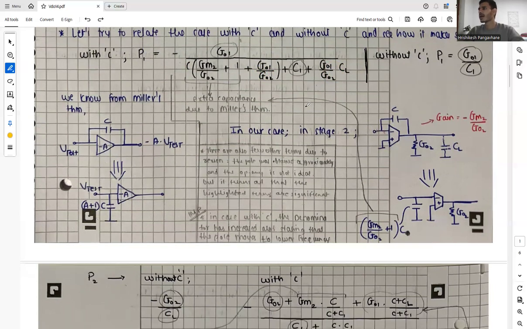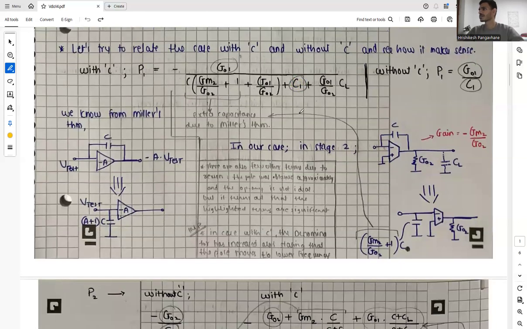So basically there are also a few other terms, because the pole was obtained approximately and the op-amp is not ideal. But it turns out that the highlighted terms are significant, which are basically this one, from the Miller compensation, and this term.